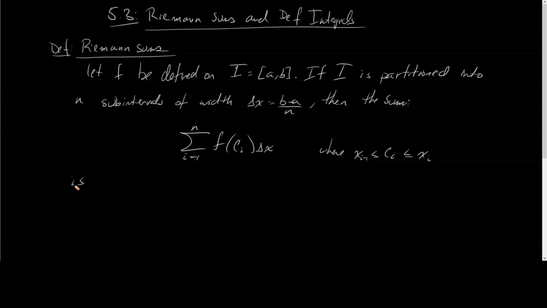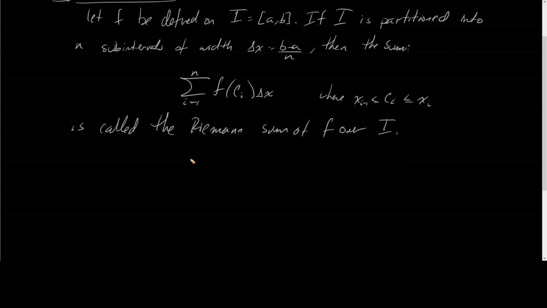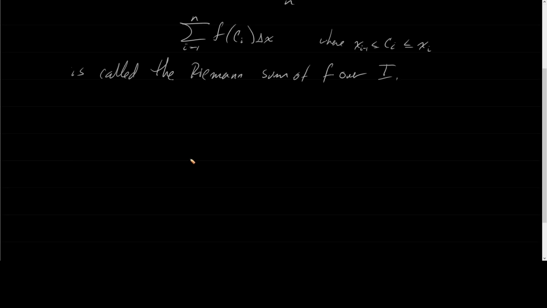That is called the Riemann sum of f over our interval from a to b, right? So we already have seen something like that in 5.2 with the problems that look like that. So we already know how to deal with that.